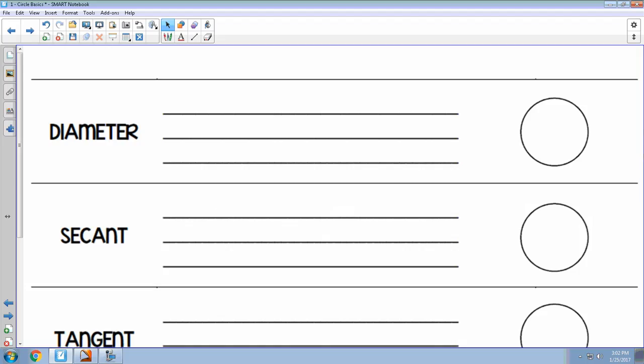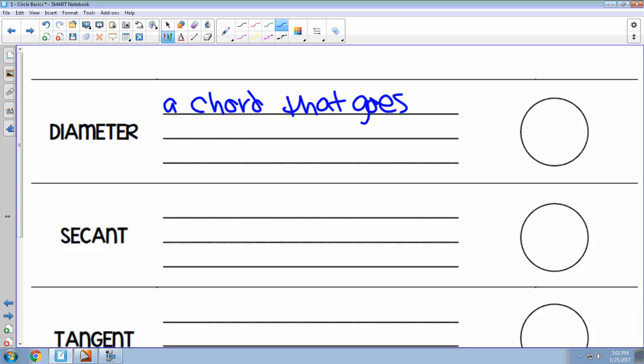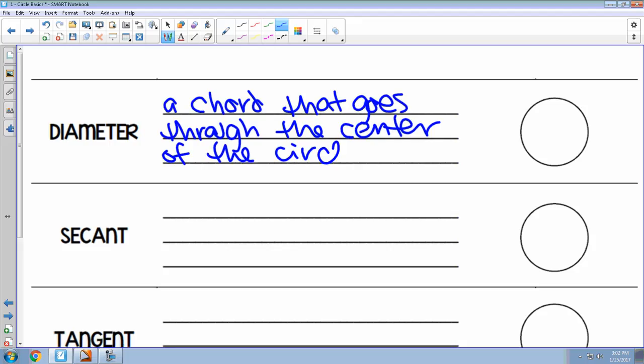Next one then is getting just a little bit more specific. The diameter is again something you have seen before. It is a chord that goes through the center of the circle. Okay, so now we know our center is point P. My diameter goes straight through point P. So its endpoints are still on the circle.